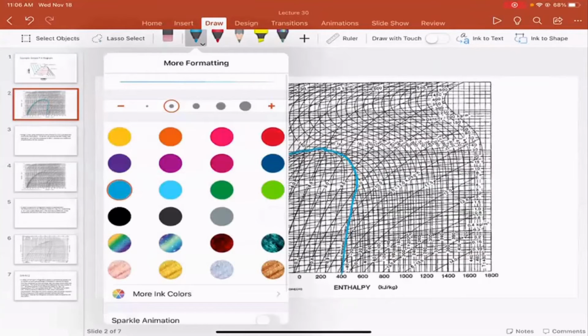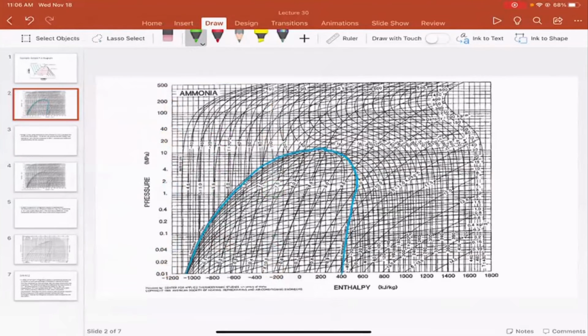I'll draw one in a different color, and you can see that the temperatures are listed here. This one says T equals 20 degrees C. Let's follow that line. Those are essentially vertical lines, and so T equals 20 degrees C is this line, and it goes here.